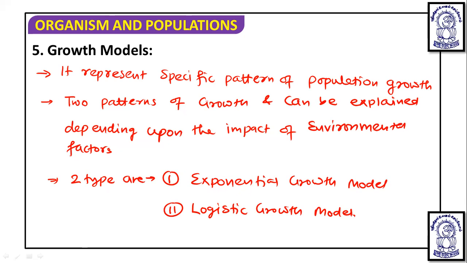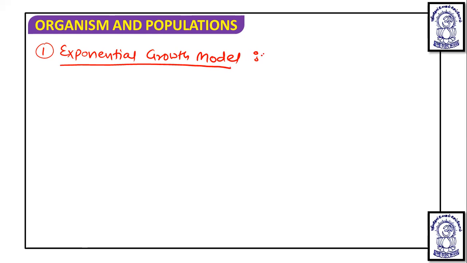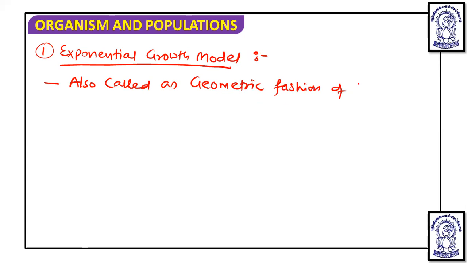Now, if we understand these two one by one, first we are going to talk about the exponential growth model. The exponential growth model is also called the geometric fashion of growth.